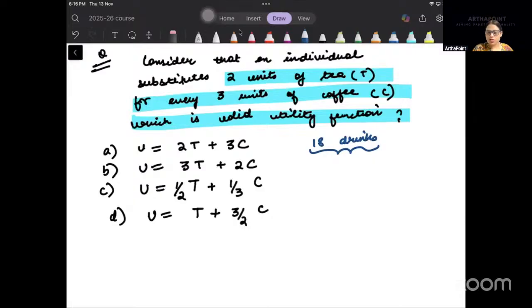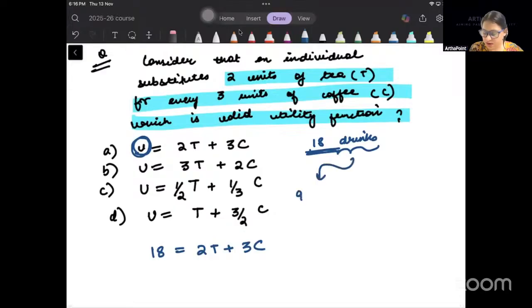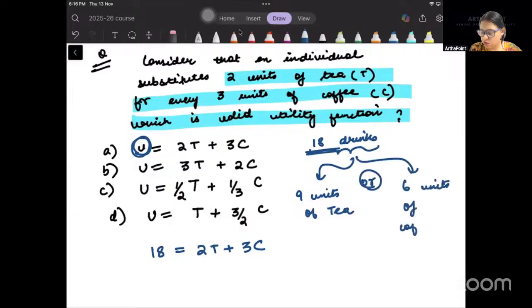So I can replace this utility with 18, and I can say that this is 2t plus 3c. And I can find out how this can happen. So this can happen either when I have 9 units of tea or when I have 6 units of coffee.